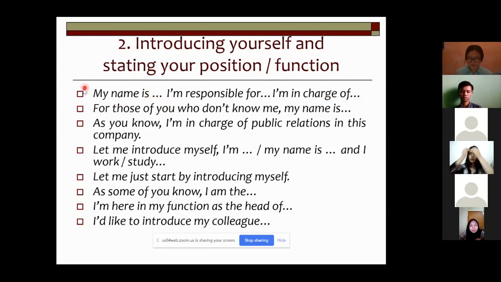In informing your name, just try to give your complete name, and then say what you are responsible for, for example your main job, maybe as a secretary, or as a director, or as manager of something, and I'm in charge of PT so-and-so, or the company or some organization that you are in.